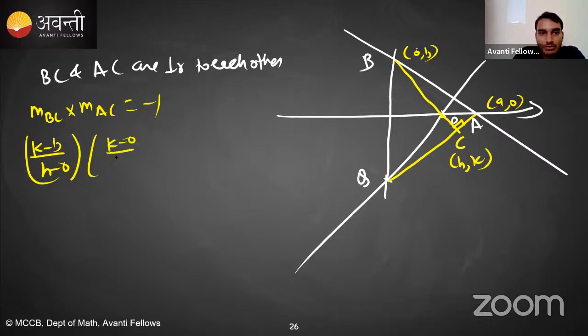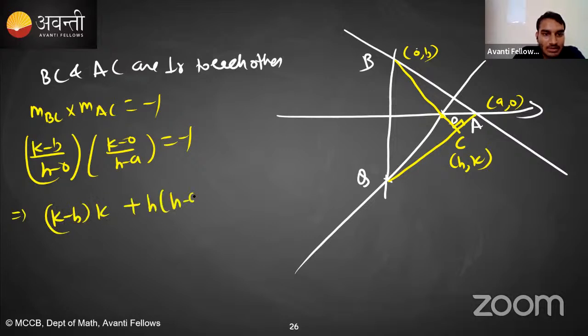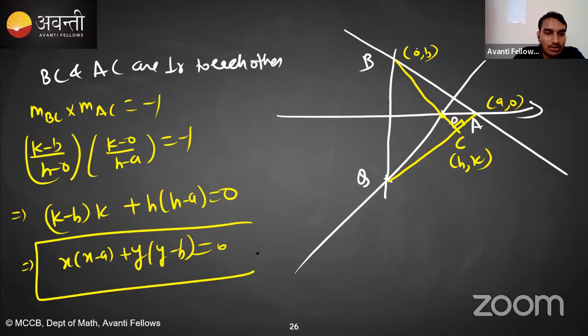K minus 0 upon H minus A is equal to -1. So this is your locus: K minus B into K plus H into H minus A is equal to 0. So it is nothing but x into x minus a plus y into y minus b is equal to 0. So this is your required locus.